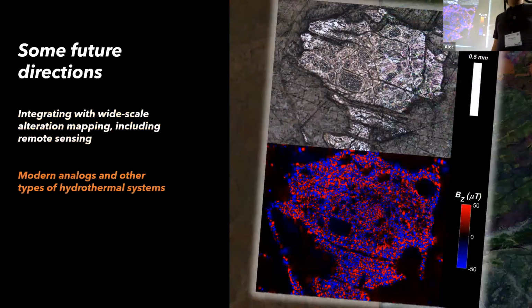And we're also keen to work on modern analogs to these Archean hydrothermal systems and also other types of hydrothermal systems. And as an example of both of those, we've started working on the timing of serpentinization in a few ophiolite sequences with James Hepworth and Anthony Morris from the University of Plymouth.